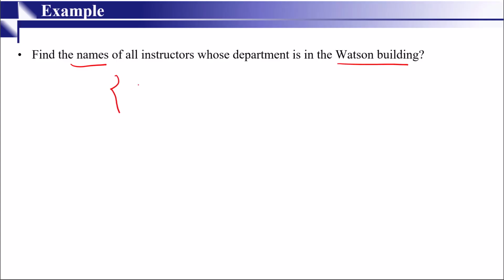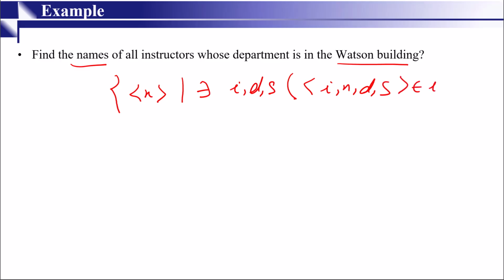So name, we want only name. So that's why we write only n. In such a way that there exists IDs, and here I say I, N, D, S, salary in instructor table, and there exist B and A. B and A, building and budget, right?